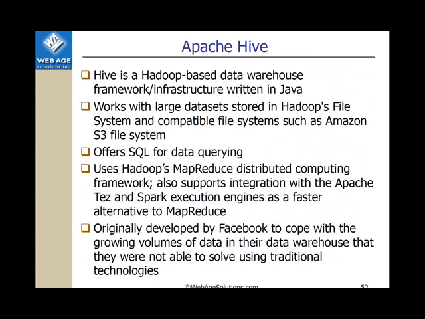So MapReduce is on more of a decline. I guess it's going to stick until the thermal death of the universe, but generally there are other systems that are faster, like Apache Tez, Spark execution engines. You've got integration with Amazon S3, Hadoop, and other systems.